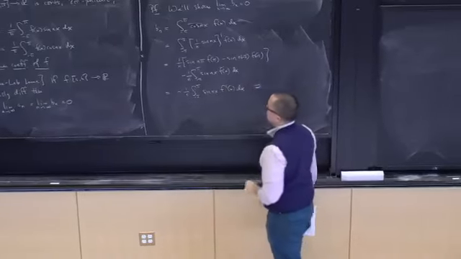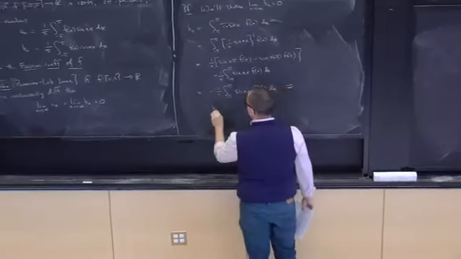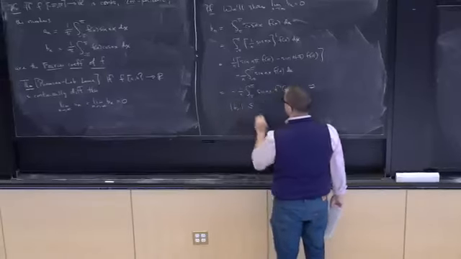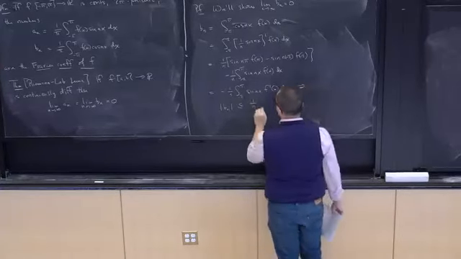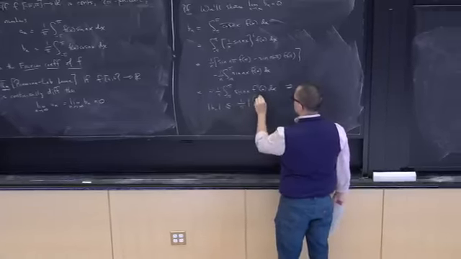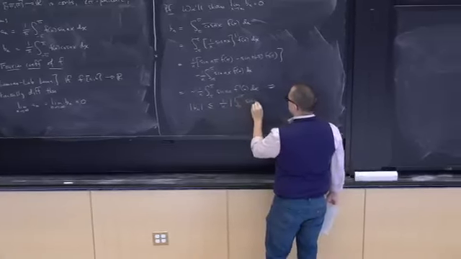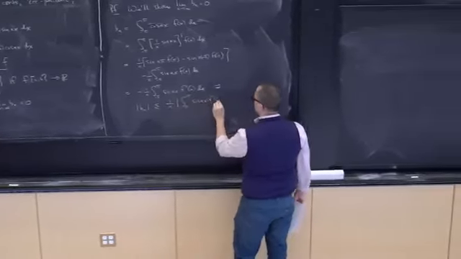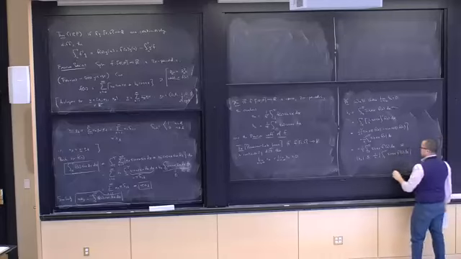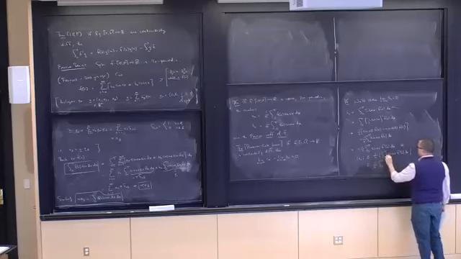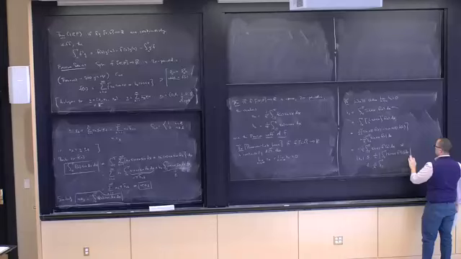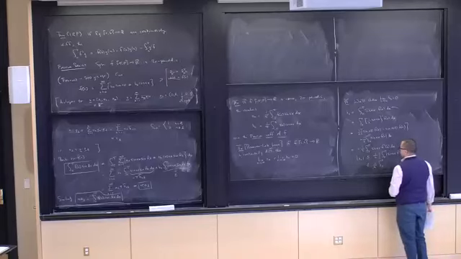And therefore, if I take the absolute value of b_n, this is less than or equal to 1 over n times the integral from minus pi to pi of the absolute value of sine nx times f prime of x dx, if I bring the absolute value inside, and still get this.